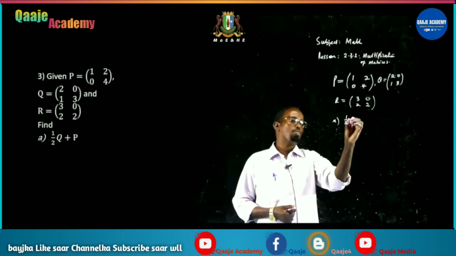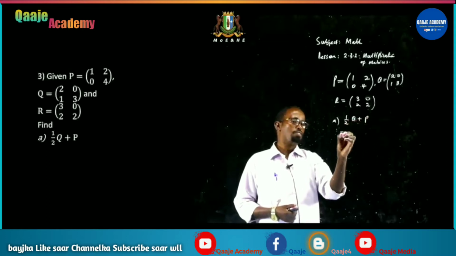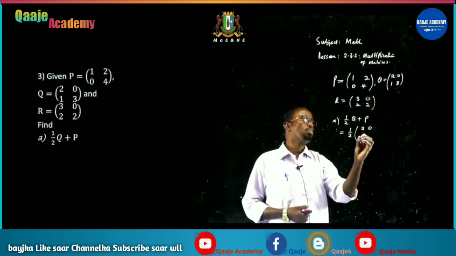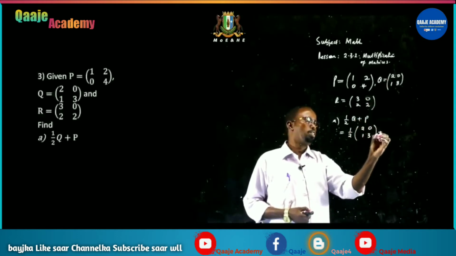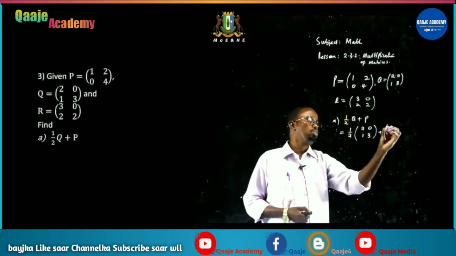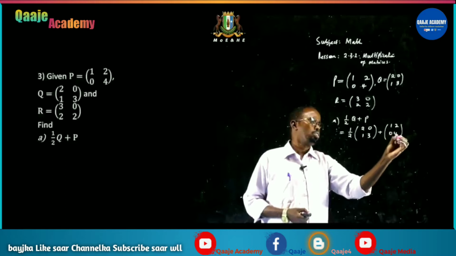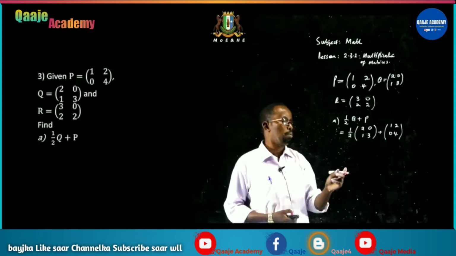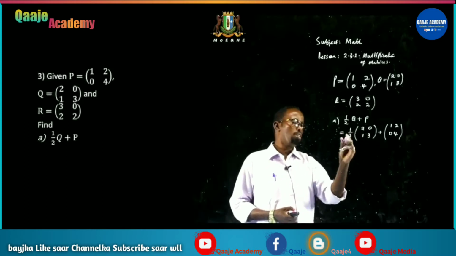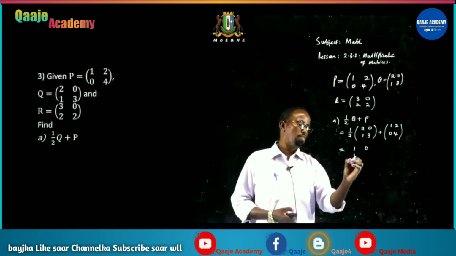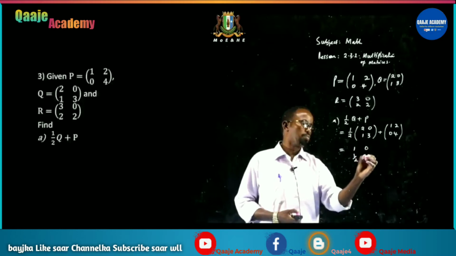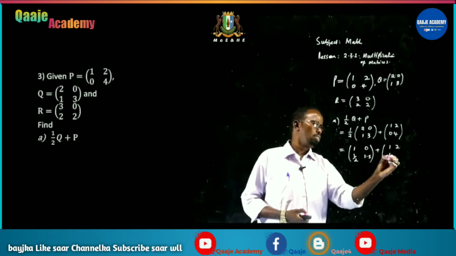Question A: half Q plus P. Half Q is half of [2, 0; 1, 3], plus P, which is [1, 2; 0, 4]. You multiply the half by the numbers inside. You get 1, 0, half, and 3 divided by 2, which is 1.5. Plus [1, 2; 0, 4].